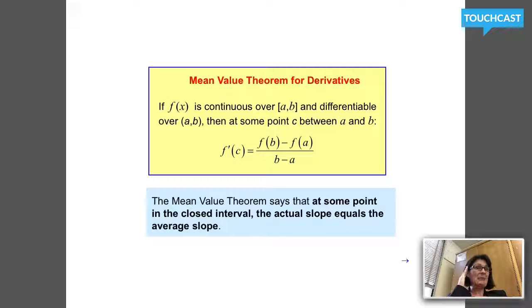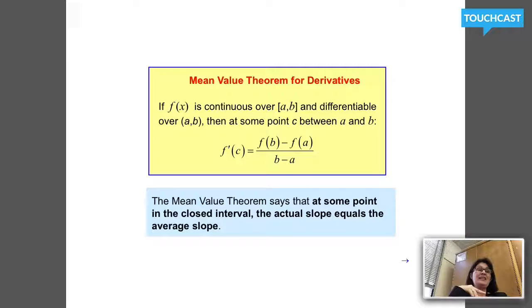And notice a and b, they're input values, they're x's. They're domain values. So we need C. We're going to use the mean value theorem as our proof that some C exists.